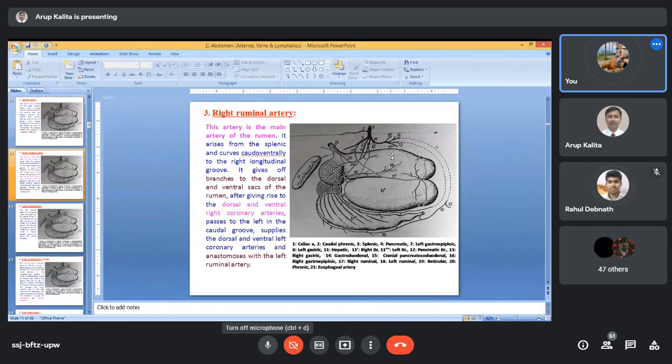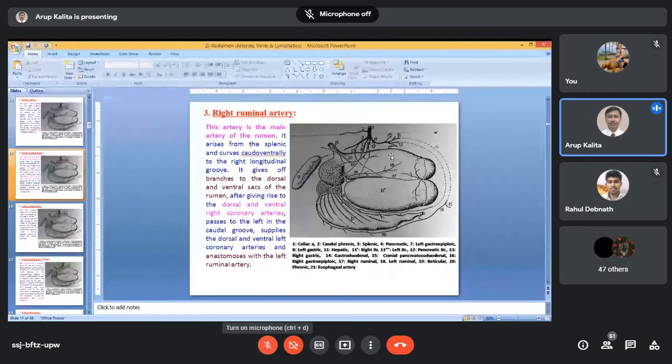Yes, sir. So what you have to remember, the right ruminal artery, no need to remember all these things. You have to remember the right ruminal artery arises from the splenic, and it will supply to the right surface of the rumen and joins with the left ruminal artery. Sufficient.